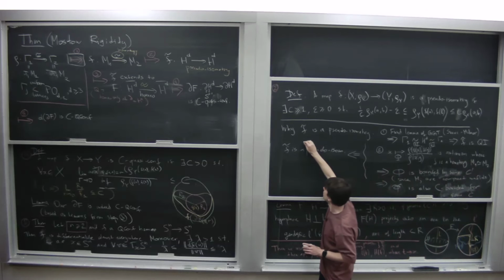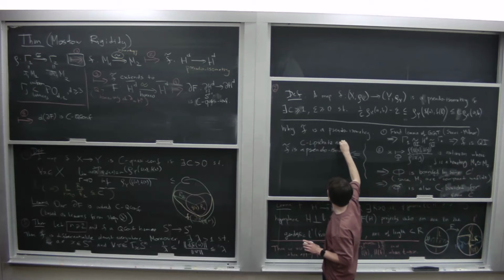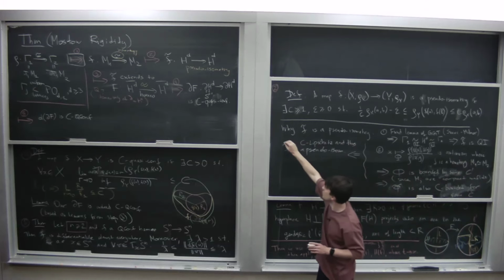So it is C-Lipschitz and thus F is a pseudo-isometry.